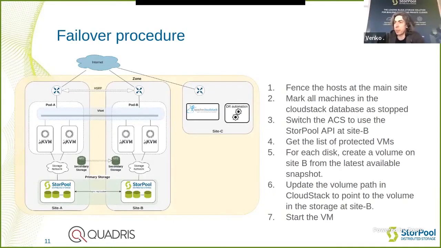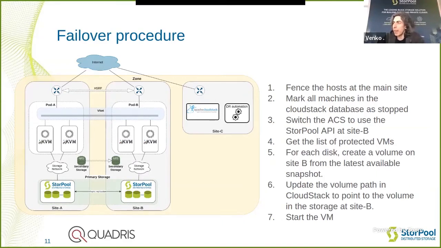So the interesting part is how this DR works and how we implement the DR service. The failover procedure is controlled by the DR automation scripts that run in a separate virtual machine on site C, the control site.